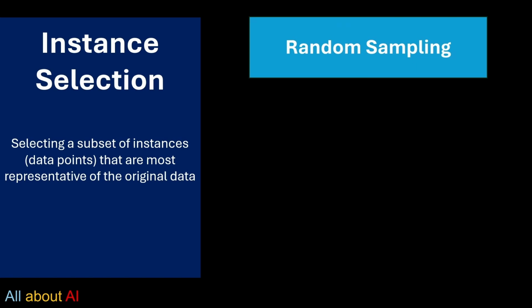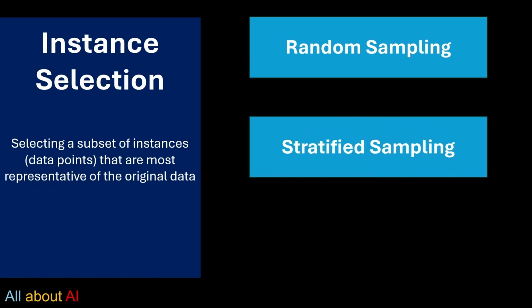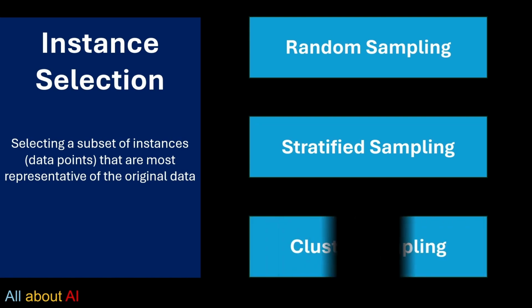So we can do random sampling, stratified sampling. Stratified sampling ensures the sample subset maintains the same class distribution as the original data set. So for classification scenarios, stratified sampling is used because it preserves the distribution among different categories.